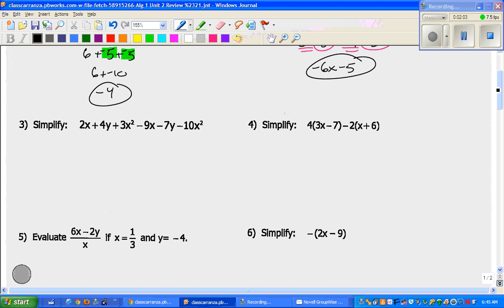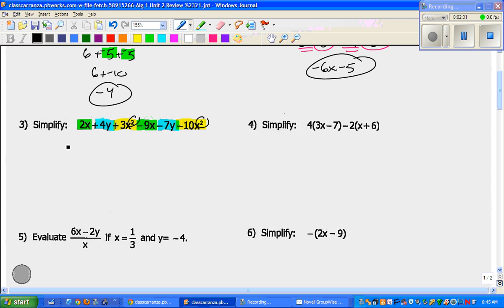All right, number 3 says simplify. What we need to do is find our like terms, so things that are the same. We've got our 3x squared and our negative 10x squared, 2x and negative 9x, 4y and negative 7y. Now, the way these go is we need the highest exponent first, and that's our x squared.